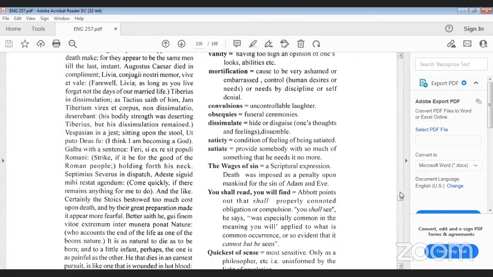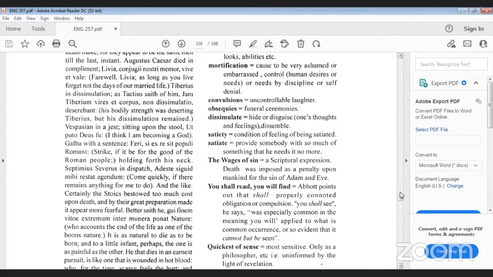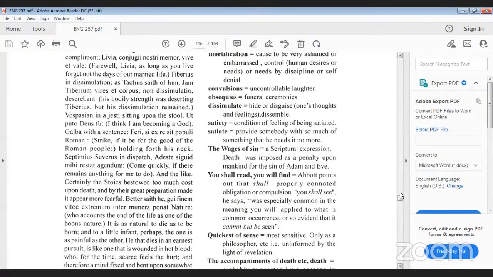Septimius Severus dispatched it: Adeste, si quid mihi restat agendum. Come quickly, if there remains anything for me to do. Certainly the Stoics bestowed too much cost upon death, and by their great preparation made it appear more fearful. Better saith he, qui finem vitae extremum inter munera ponat naturae: who accounts the end of life as one of the boons of nature.